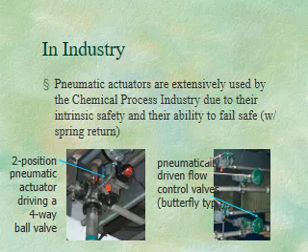Pneumatic actuators are extensively used in the chemical process industry due to their intrinsic safety. Based on our requirements, we may choose a hydraulic actuator, pneumatic actuator, or electrical actuator. Based on the application and the requirements, we need to select the actuators or conditions.